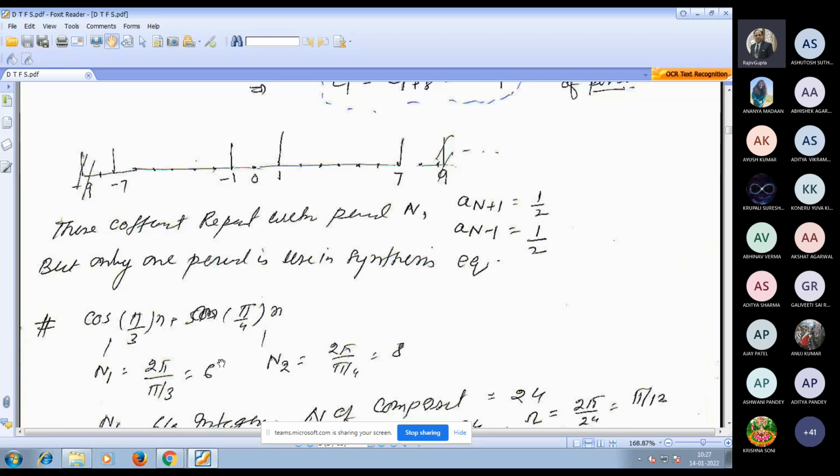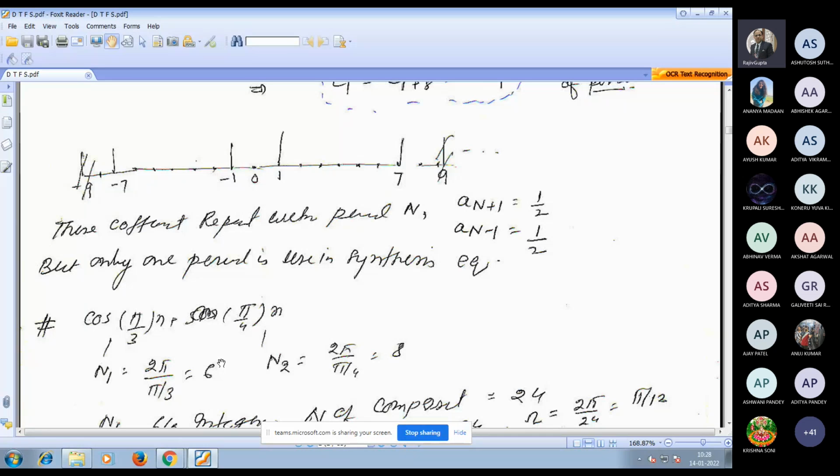So finally the time period will be 24. And what about capital omega? It will be 2 pi by 24, so it is pi by 12. Yes, sir. Once you know this is pi by 12, only then you can comment on the values of k.